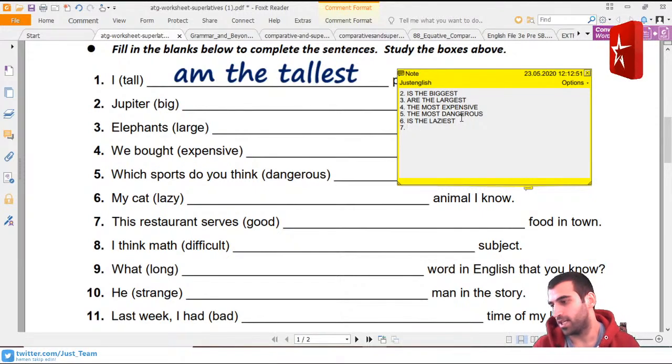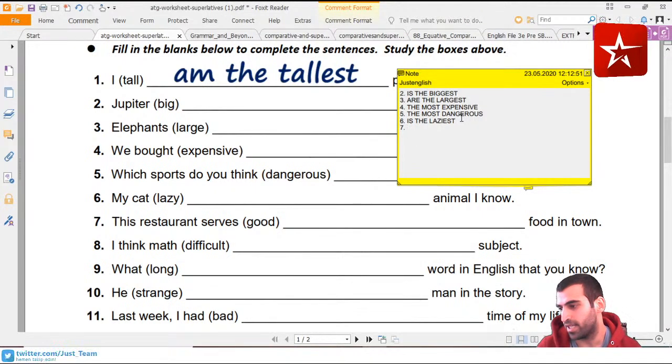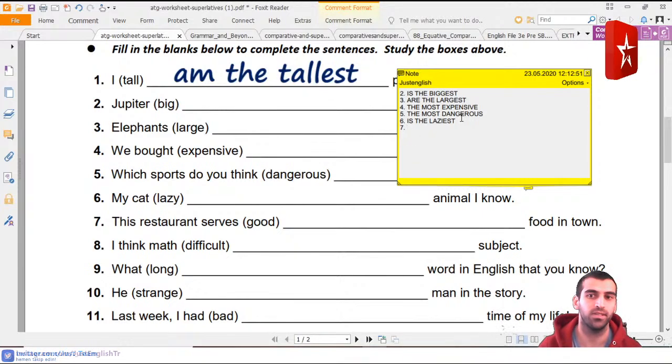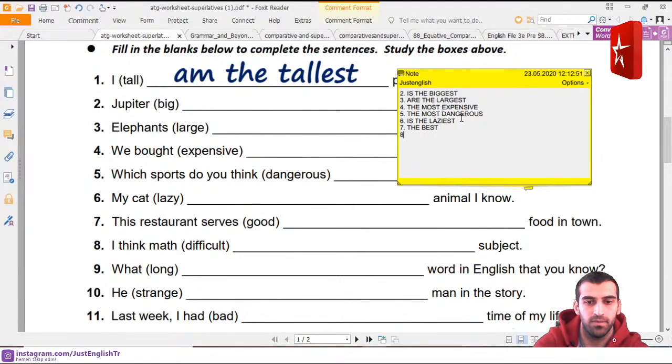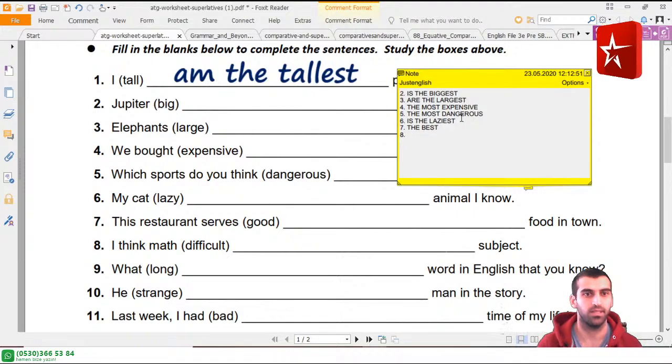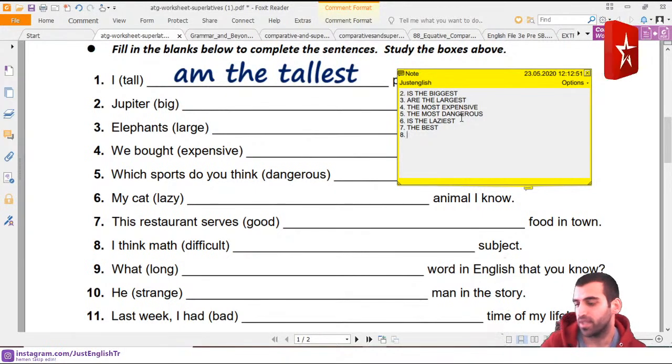Welcome Ali Koruk. This restaurant serves not "the better," the best. Yes, the best food in town. The best is the correct answer for number 7. This restaurant serves the best food in town. What does lazy mean? Lazy.